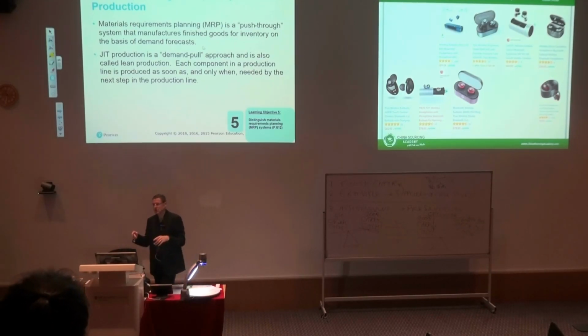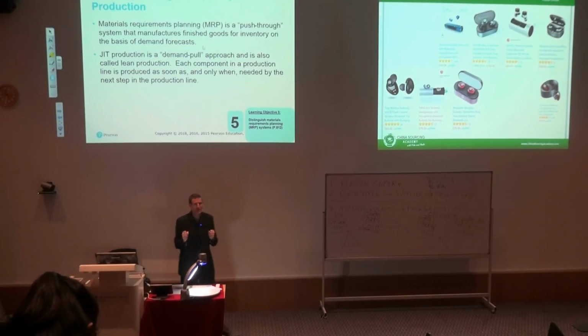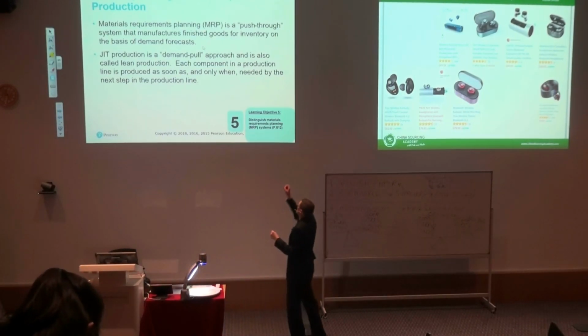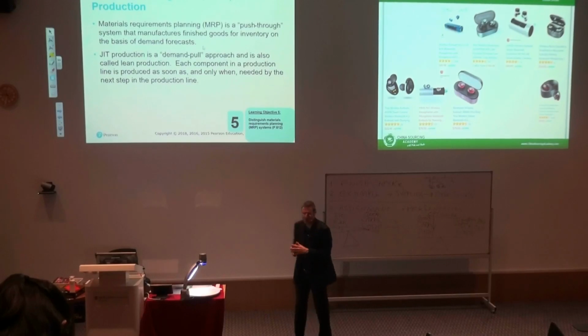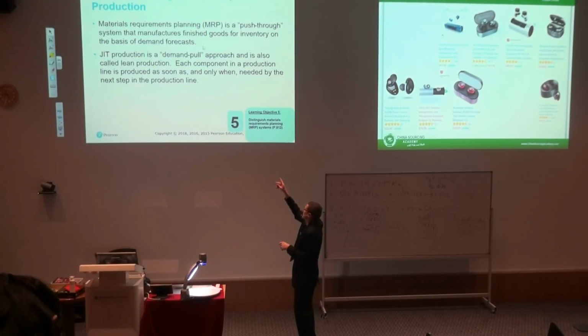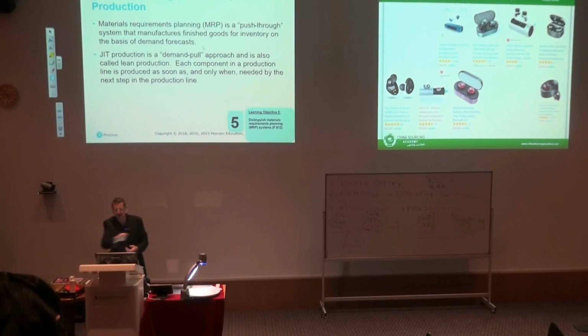Materials requirement planning needs a good forecast, because it is a push-through system based on demand forecasts. So you need a very good sales forecast if you rely on it. Just in time is more a demand pull.